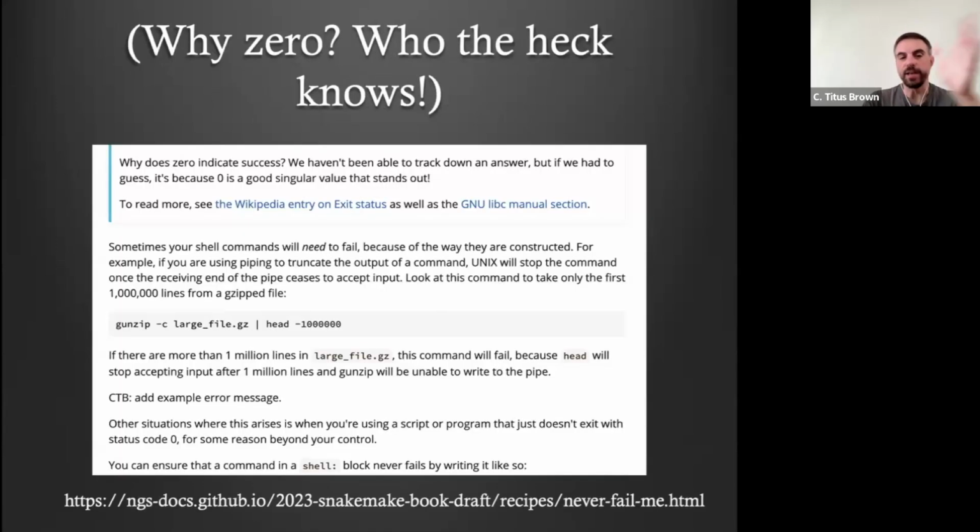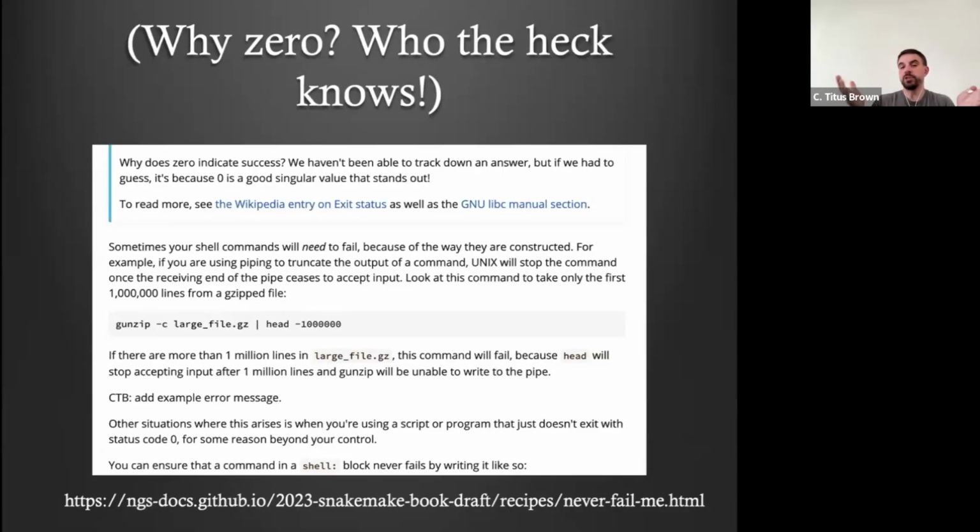So I have a whole section in my book for why you have to worry about exit codes and how to make things work in non-intuitive situations. For example, something I frequently run into in one of my classes, where I show people how to subsample their sequencing data set so that their commands run in a reasonable amount of time, is I run this command gunzip -c large file.gz, and then I take off the first million lines with head.